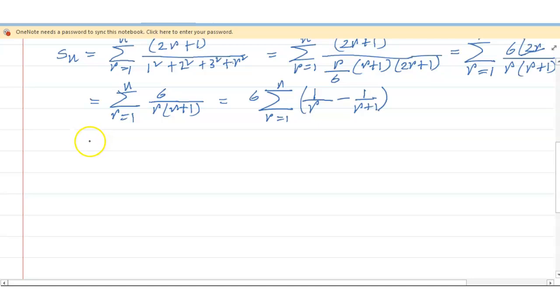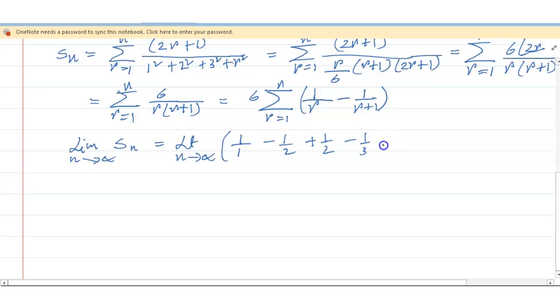So friends, limit n tends to infinity Sn equals limit n tends to infinity. We can write this way: 1 by 1 minus 1 by 2 plus 1 by 2 minus 1 by 3, and so on up to plus 1 by n minus 1 by n plus 1.